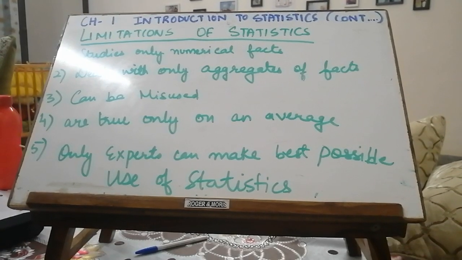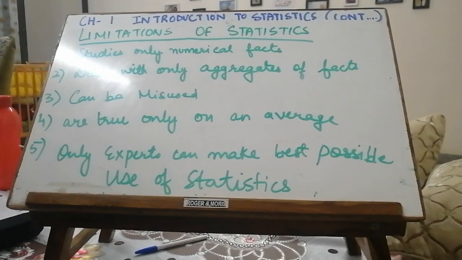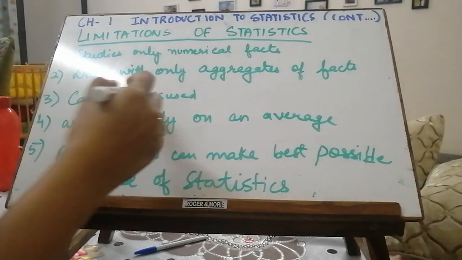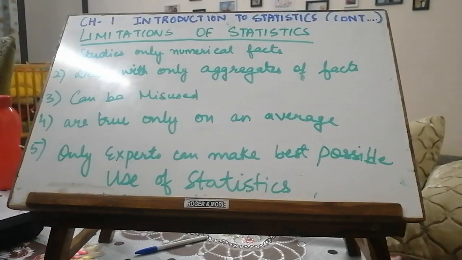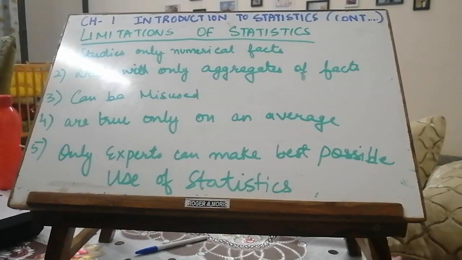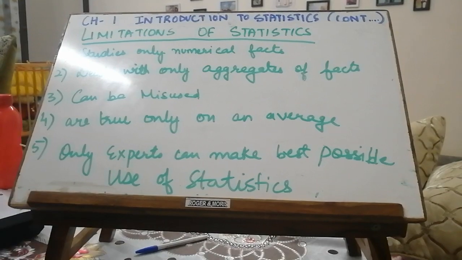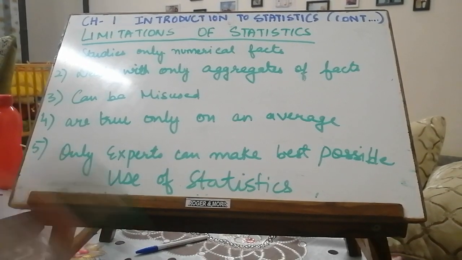So any expert can also deceive the results, can present it in any manner whatsoever he likes. This will also be discussed in the next topic, which is distrust of statistics. So yes, it can be misused by the ignorant people or by the experts, both.